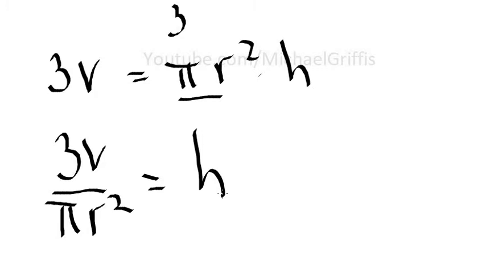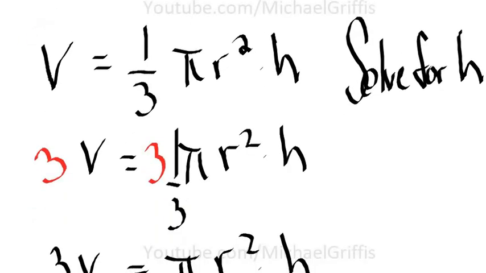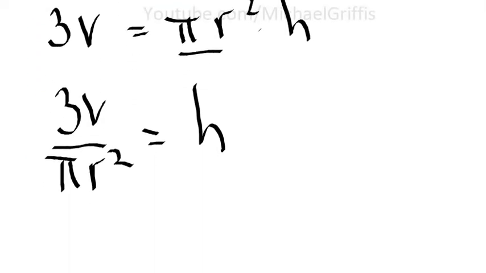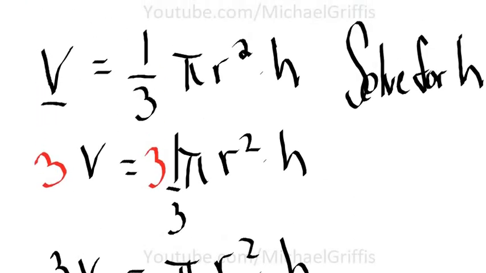Okay. So this actually represents the volume of a sphere. The volume of a sphere. So this is the equation for finding the volume of a sphere, could be a basketball or something. I don't know.